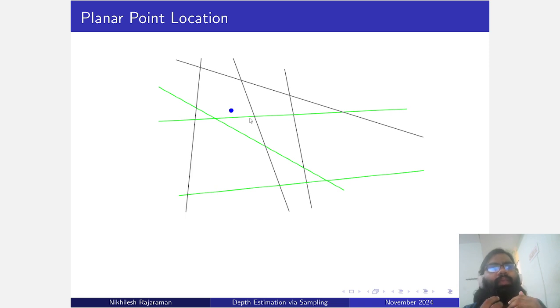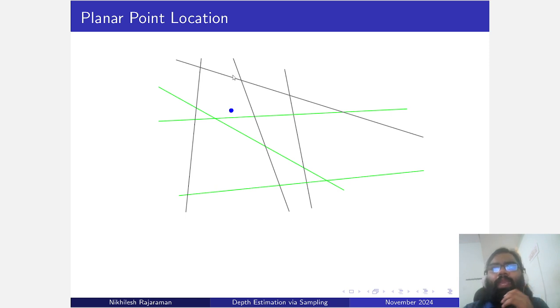So why is this the right thing to look at? So for example, if I look at this particular blue point over here, we can define the region that this lies in using these 3 green lines that I've marked over here, which are the lines that lie below this point. And why is this sensible?